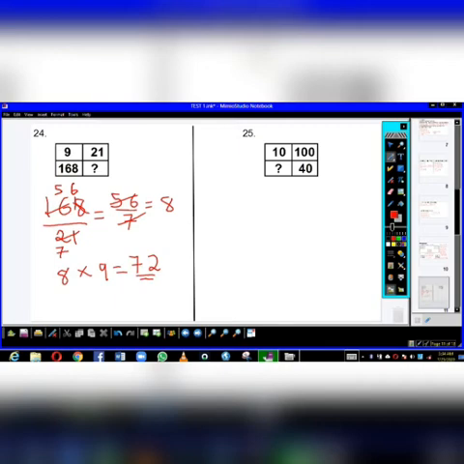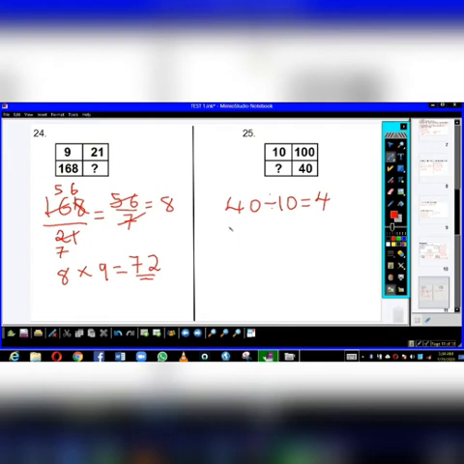Yes, now we are going to proceed with our working in 25. How do we find the missing number in 25? Of course, we need to divide. And what are we dividing? 40 divided by 10 is equals to 4.